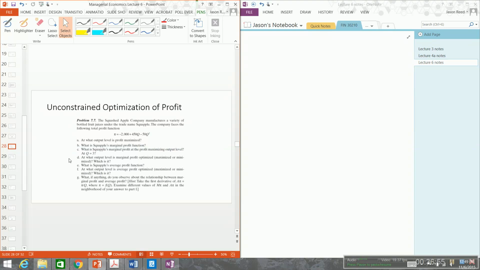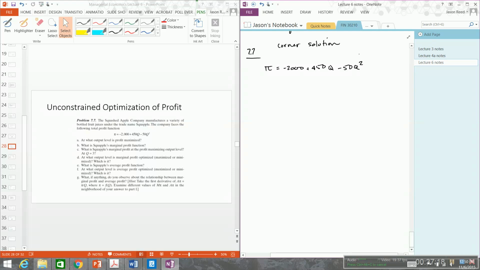So we can start solving or looking at problem 7.7 here. What we find in 7.7 is that we're asking a few different things. So we have this profit equation. Profit is equal to negative 2,000 plus 450Q minus 50Q squared. So at what output level is profit maximized?